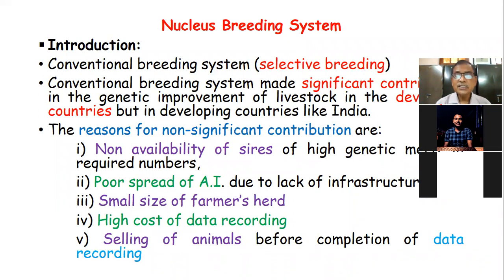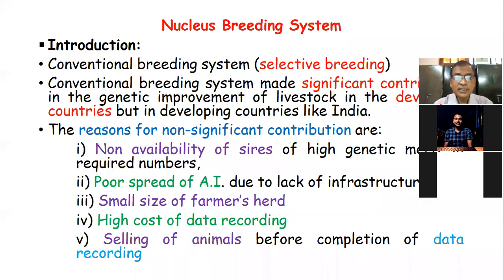So if the sire is very bad, that is, its genetic contribution is very less, then naturally the average production level will be very less. And if your sire is genetically very superior, then there is every possibility of an increase in productivity over the generations.